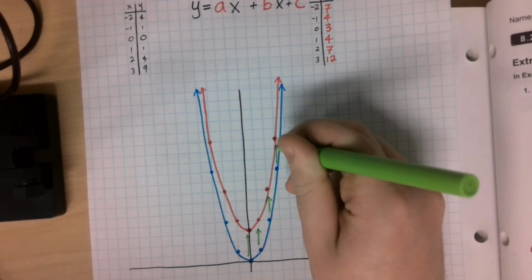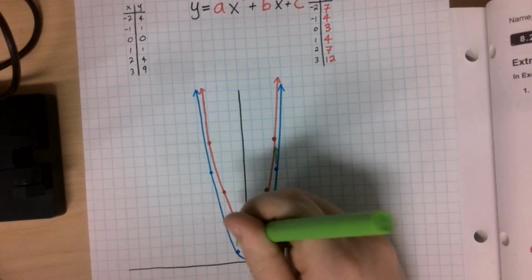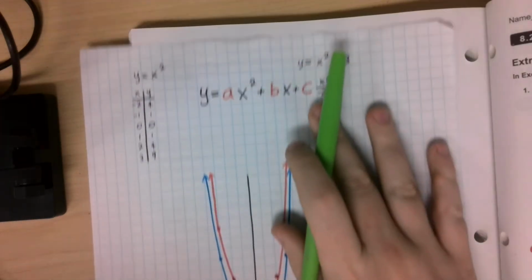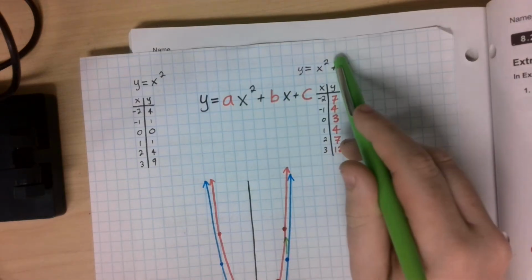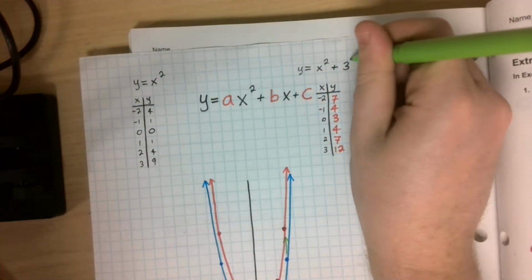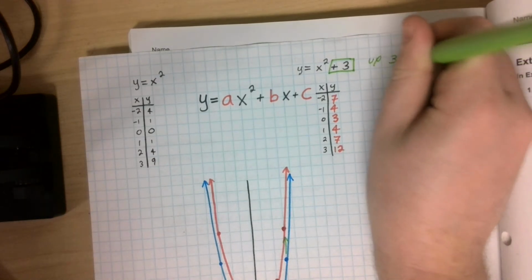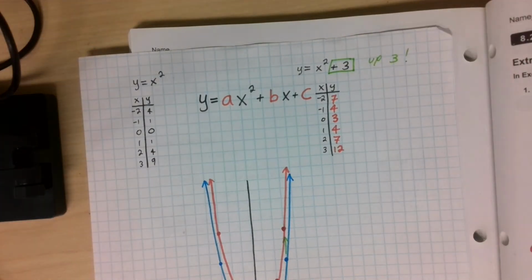Every single point on this graph is just moved up 3. That's what your c value will do. By having a plus 3 here, this plus 3 means we're going to move our graph up 3. It means a little bit more than that, but for right now we can treat it as if we're just moving our graph up.